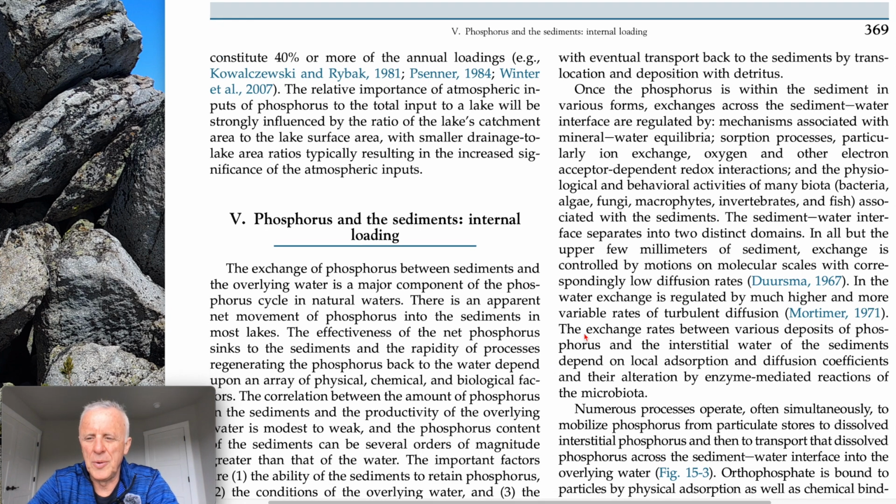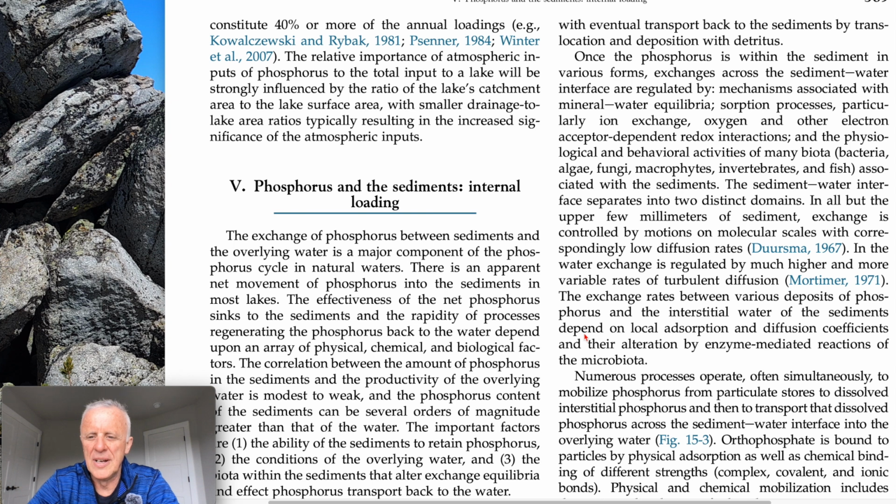Once the phosphorus is within the sediment in various forms, exchanges across the sediment-water interface are regulated by mechanisms associated with mineral-water equilibria, absorption processes, particularly ion exchange, oxygen and other electron acceptor-dependent redox interactions, and the physiological and behavioral activities of many biota associated with the sediments.